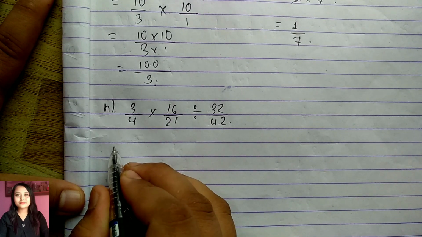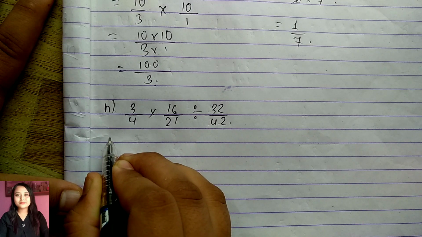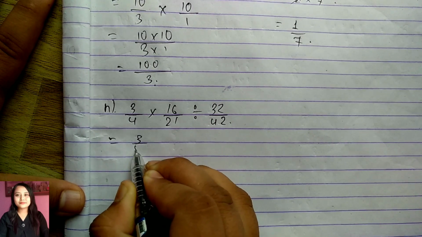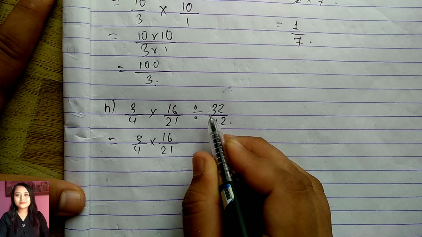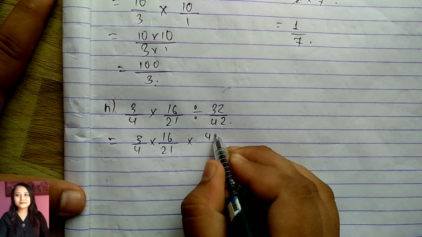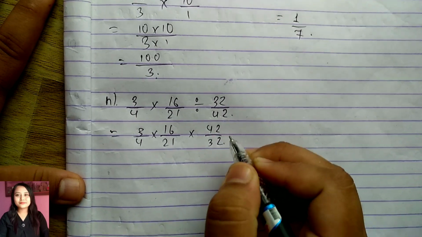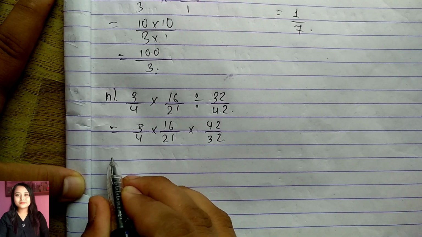Now in question number H, we can write 3 by 4 into 16 by 21, and we know that this division can be made a multiplication by the multiplicative inverse, that is into 42 by 32. Wow, it's magic, no? Multiplicative inverse, it will be multiplied. Now it's very simple.